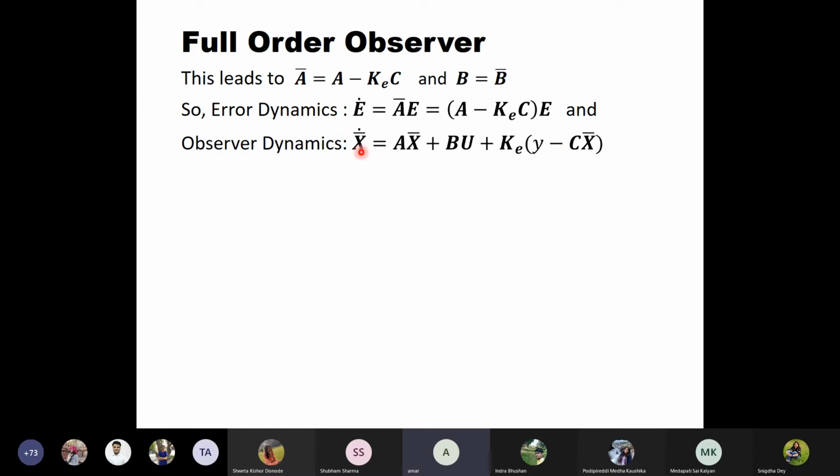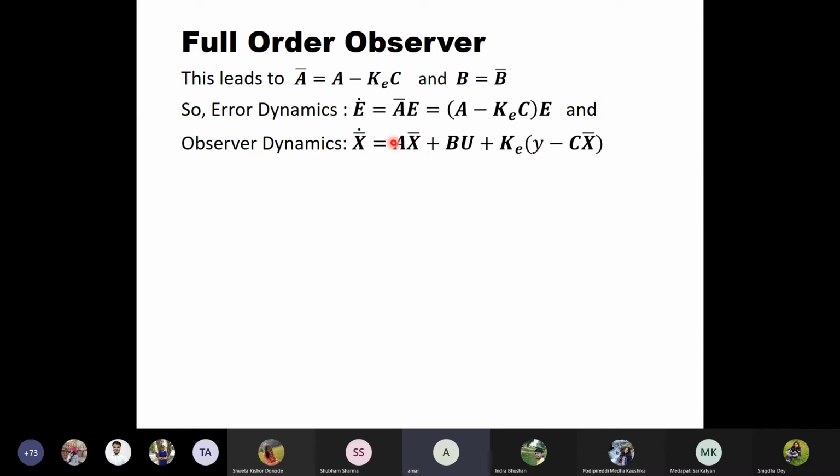Initially the observer dynamics equation was x bar dot equals A bar x bar plus B bar u plus Ke into y.